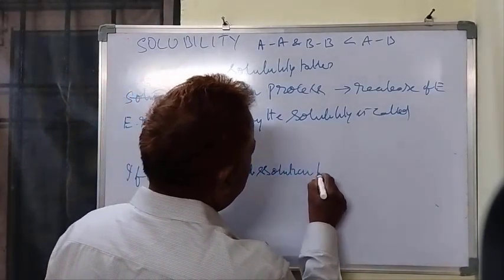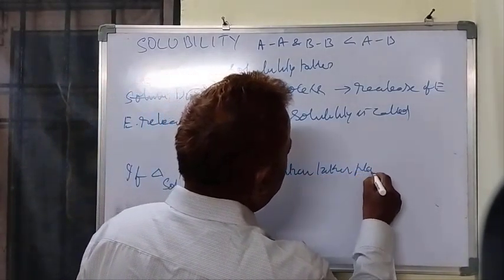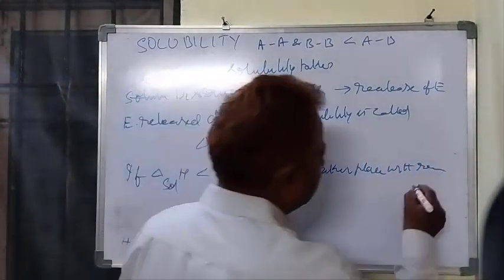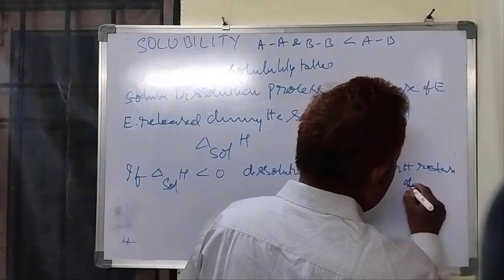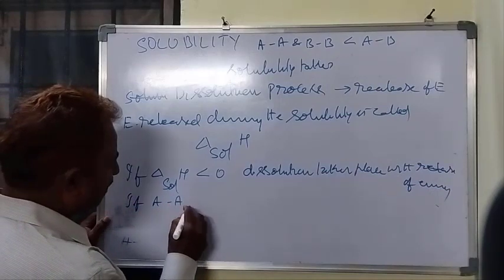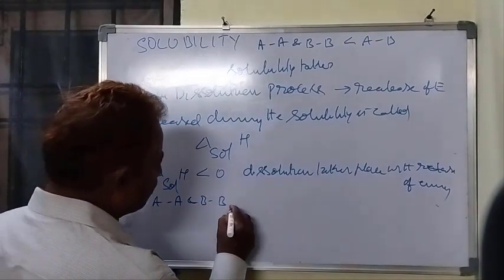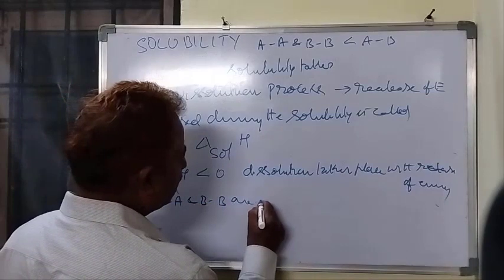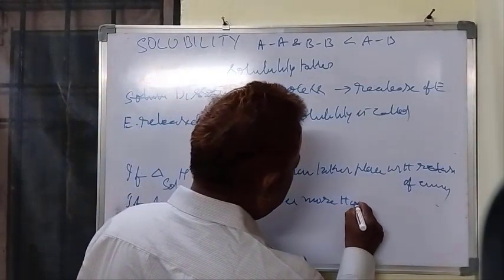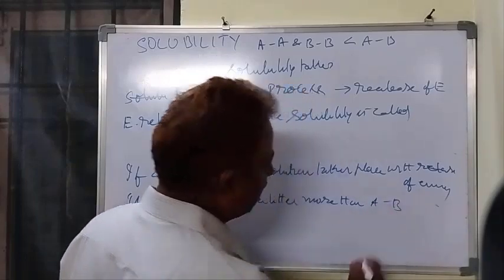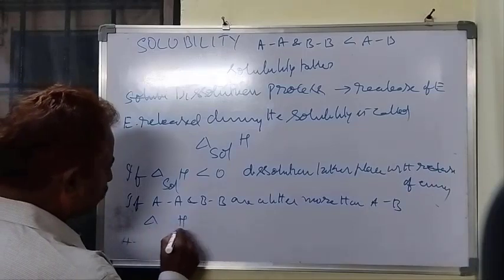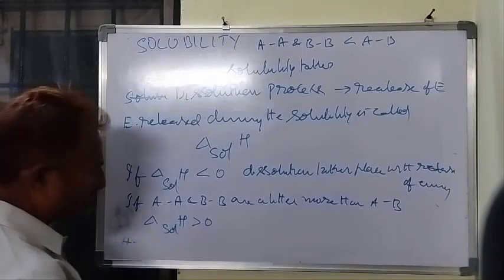Dissolution takes place with release of energy. If A-A and B-B interactions are a little more than A-B interactions, then delta H solution is greater than 0.